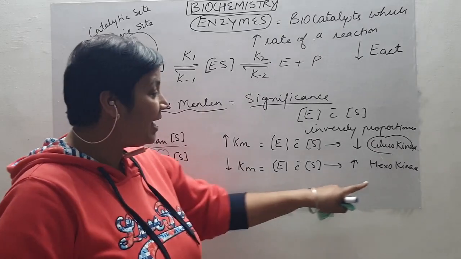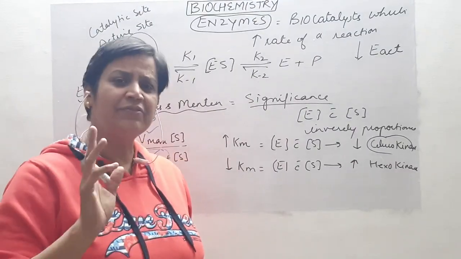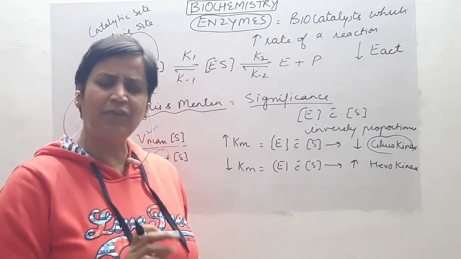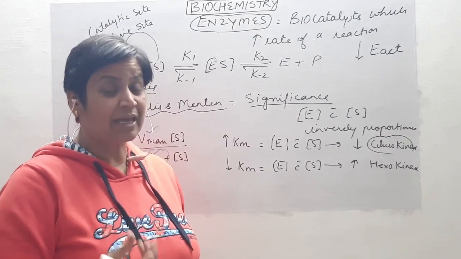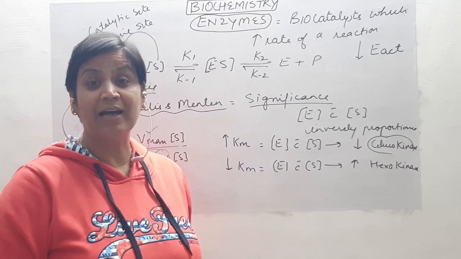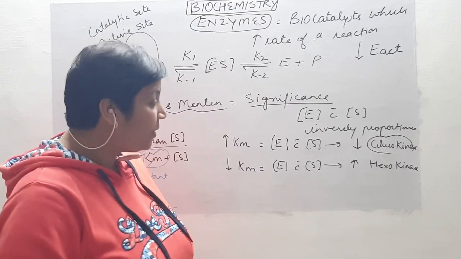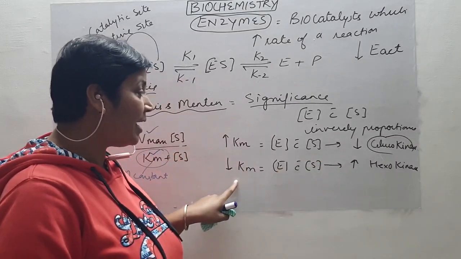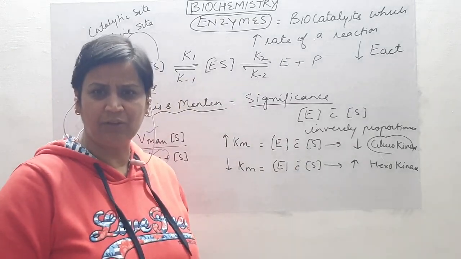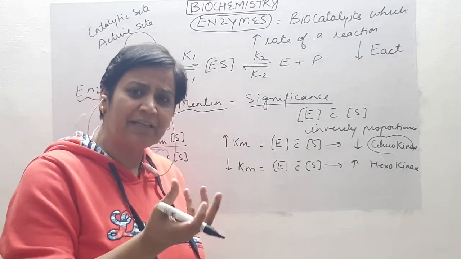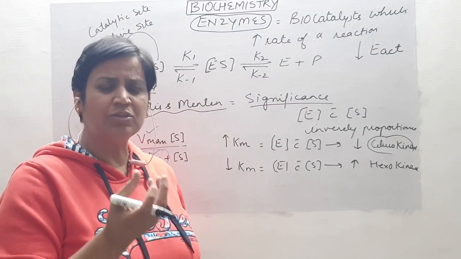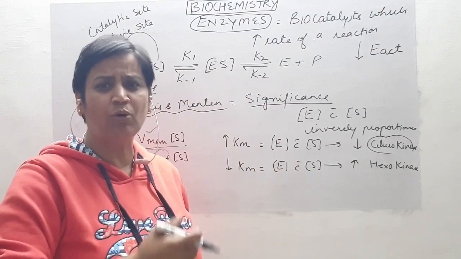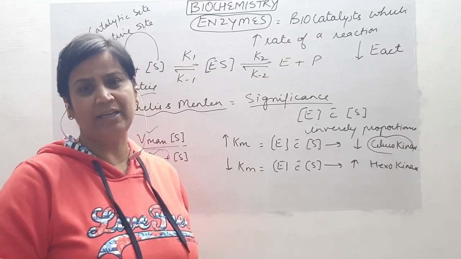On the other hand, hexokinase is the first enzyme of glycolysis. Very, very important enzyme, whatever amount of glucose we are eating, because glycolysis plays a very important role in RBCs. So hexokinase has low Km, meaning it has a very high affinity with glucose. Even at the basal concentration of glucose, say 0.001 molar, hexokinase is going to act.